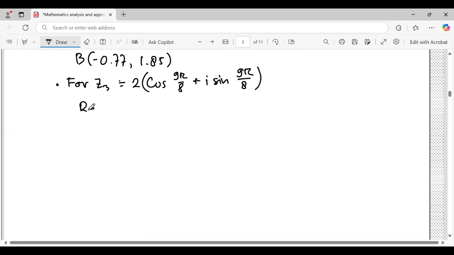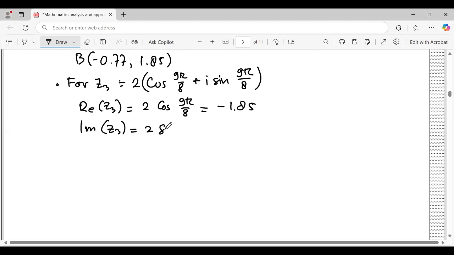The real part of Z3 is 2 cosine 9 pi over 8, and if you calculate, the result is minus 1.85, while the imaginary part of Z3 is 2 sine 9 pi over 8, and if you calculate, the result is minus 0.77.